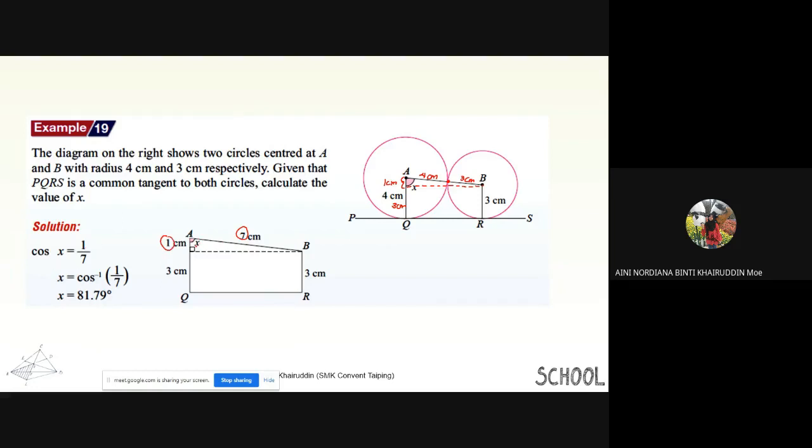You want to calculate X. So you use cos, which is CAH, adjacent over hypotenuse. Adjacent of X is 1, hypotenuse 7. Then you use your calculator, you get X equals to 81.79 degrees. Macam tu. Okay.